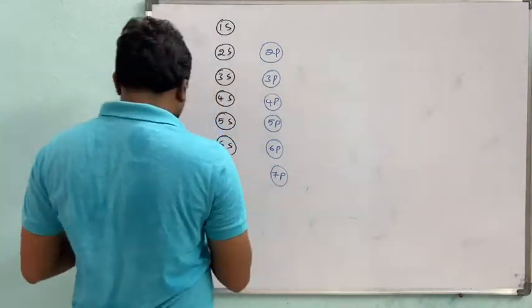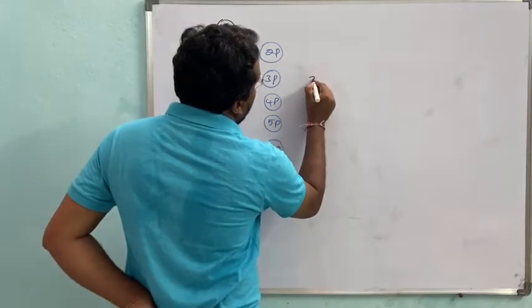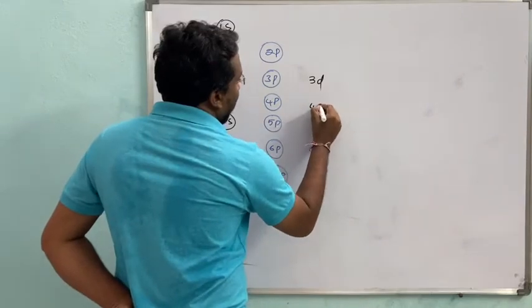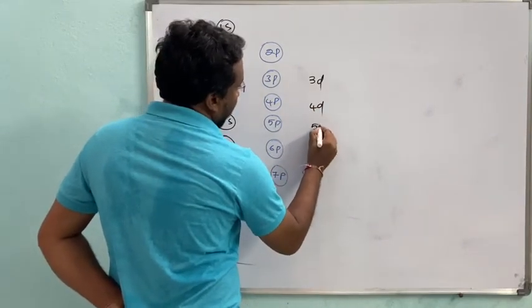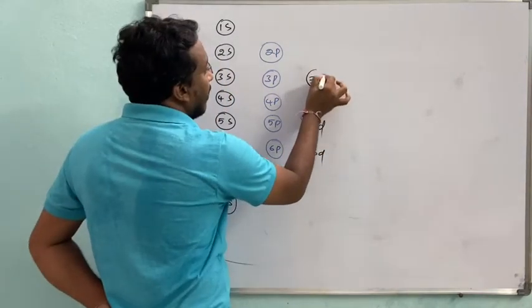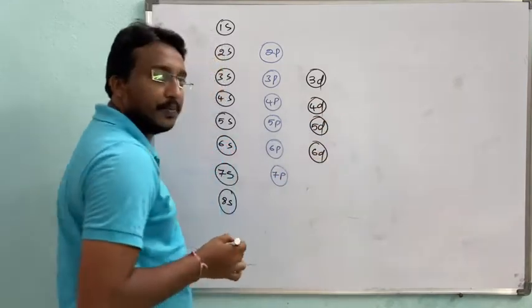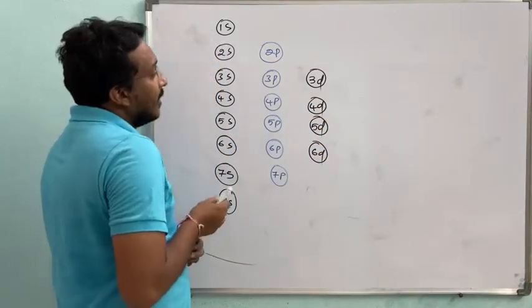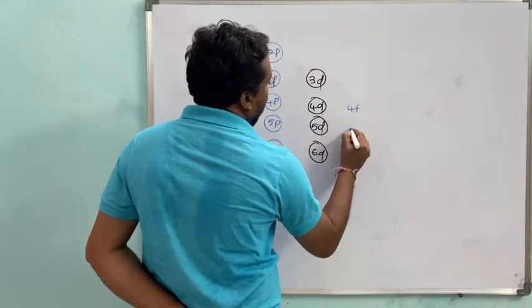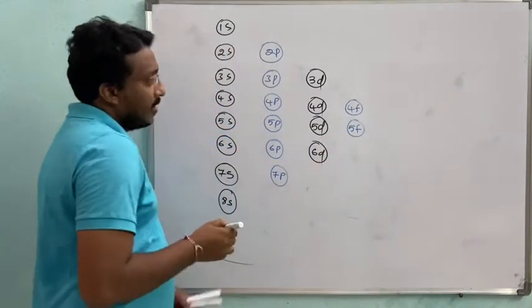The next orbitals are 3d, 4d, 5d, 6d. Then next, 4f orbital, 5f orbital.